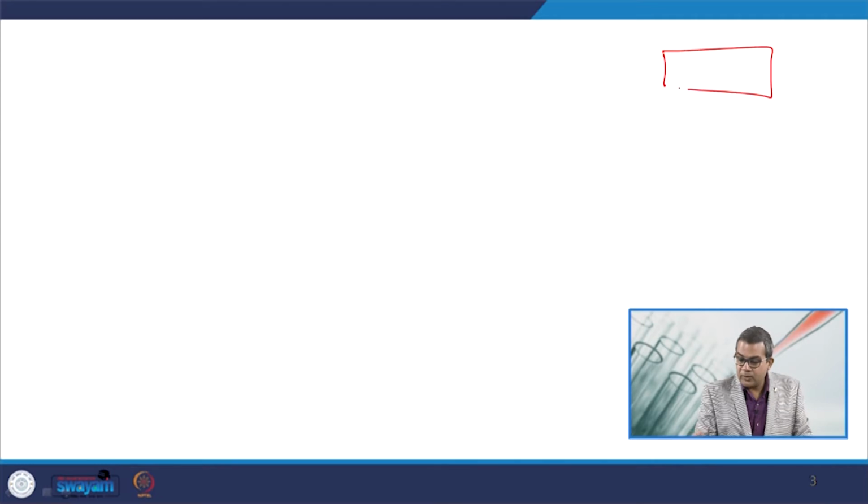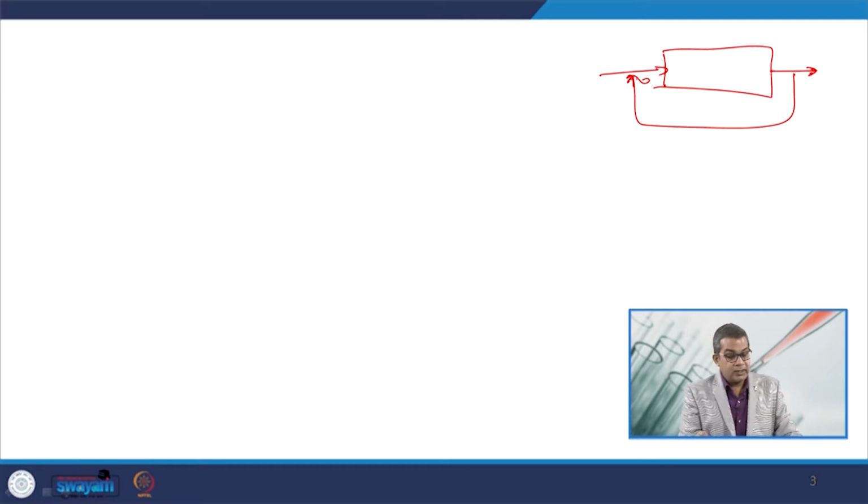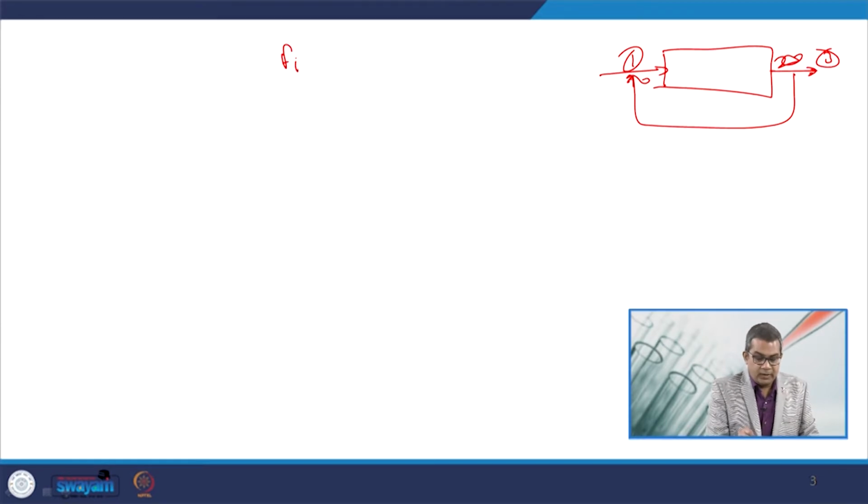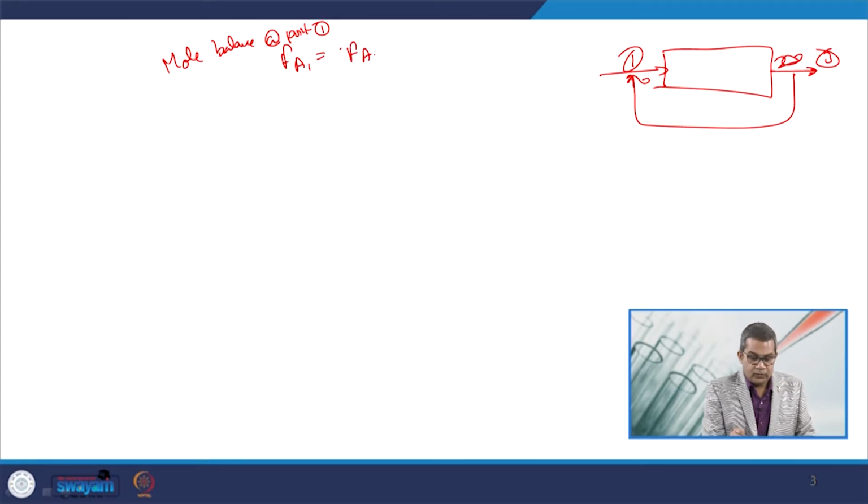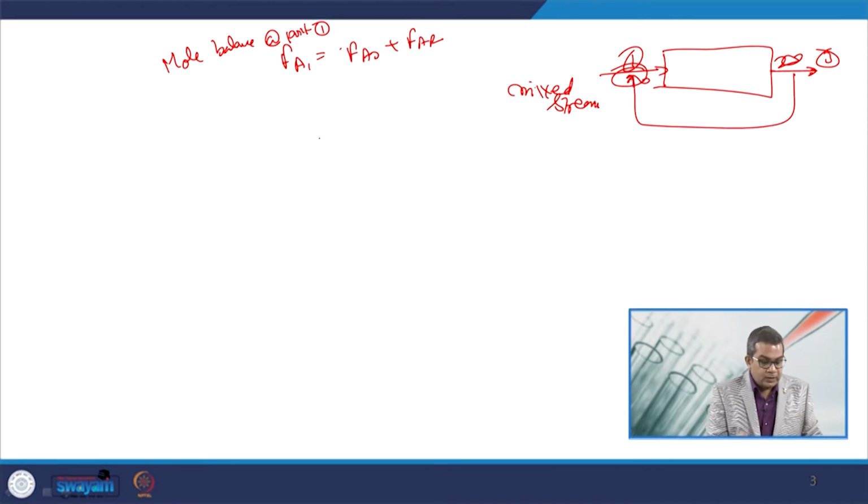Now, after the mole balance at point 1, the conversion at this point can be calculated with this particular approach. Again, we need to draw this reactor just for ease of understanding. So, this is point 1, 2 and 3. FA1 is the mole balance at point 1: FA naught plus FAR, since it is the mixed stream. If there were no reaction, the concentration of A would be higher, for quite obvious reasons.